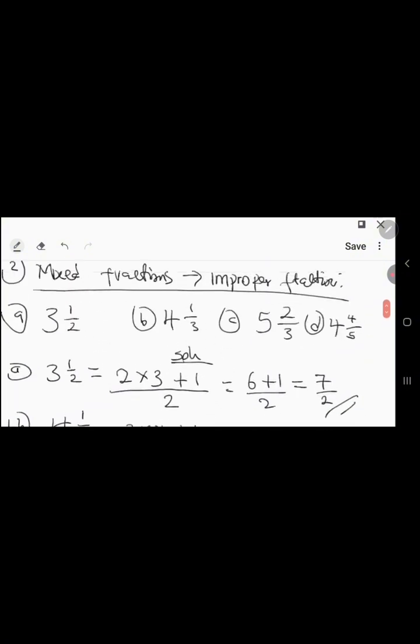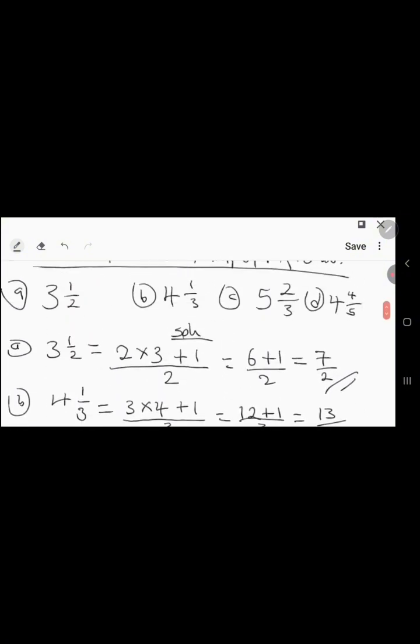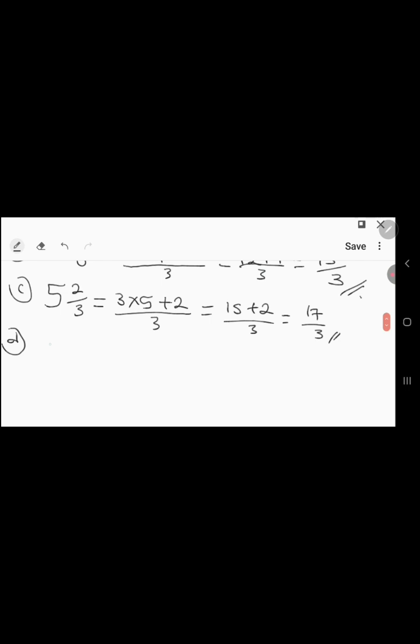Then D. In D we have 4 whole number 4 over 5. Still this one I'm going to do the same way. Our denominator here is 5. So I'm going to say 5 times the whole number, which is 4, and then plus the numerator, which is another 4, then all over the denominator, which is 5.